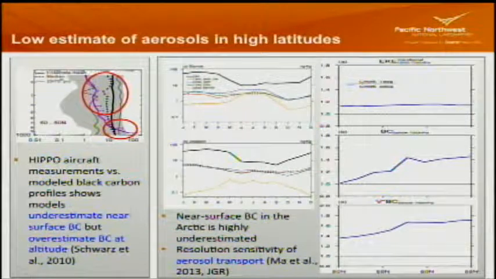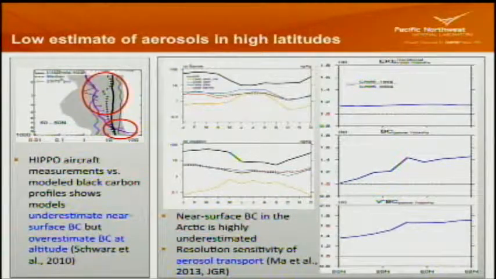We try to understand what the problem is, and our group has tackled this problem from a variety of different aspects. I have been working on whether increasing the horizontal resolution can make a difference. In an earlier paper, we found that the aerosol transport is actually very sensitive to resolution.